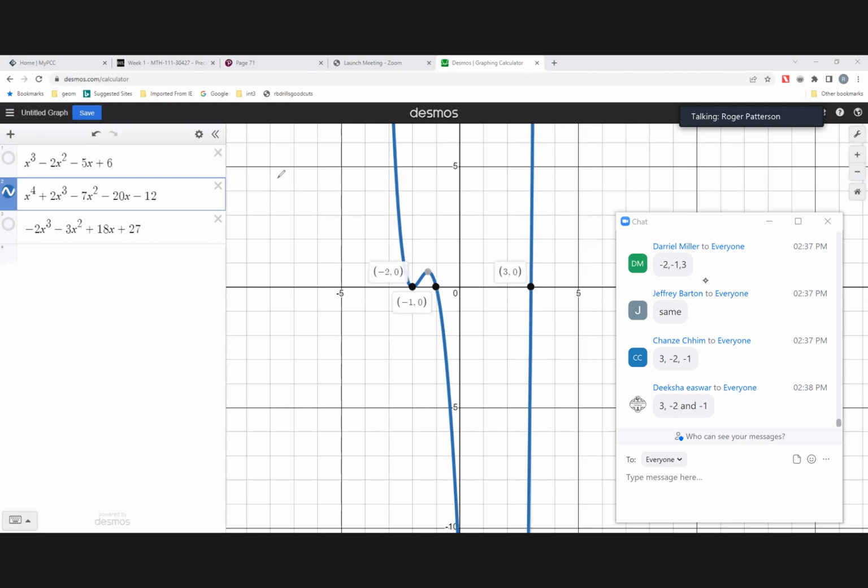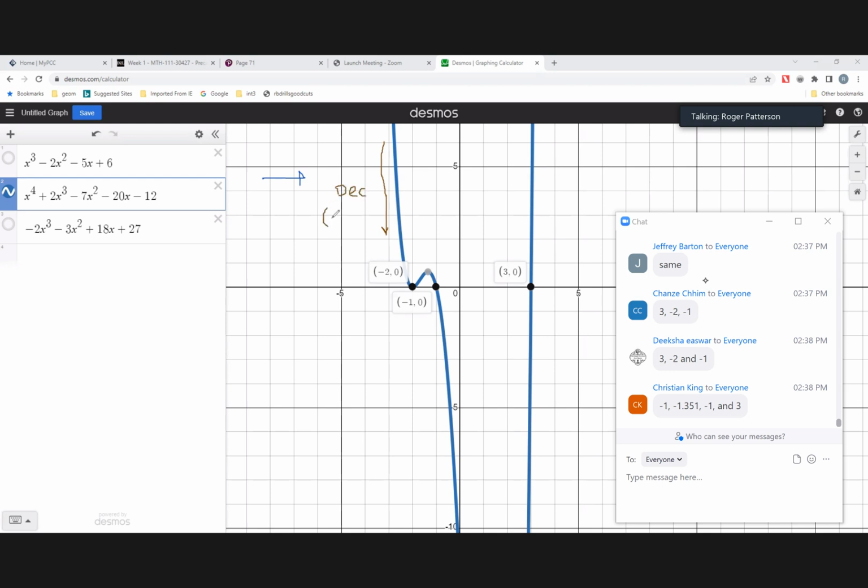I look at this and I go, well, this graph is falling, right? As I come over to this part, it starts to fall down. So it's falling down here. So my interval would be decreasing, because it's going down.